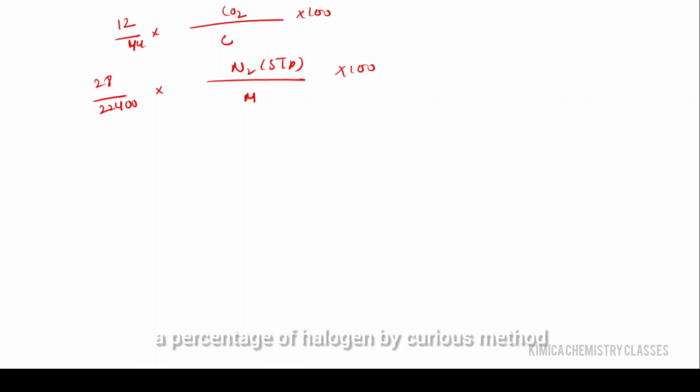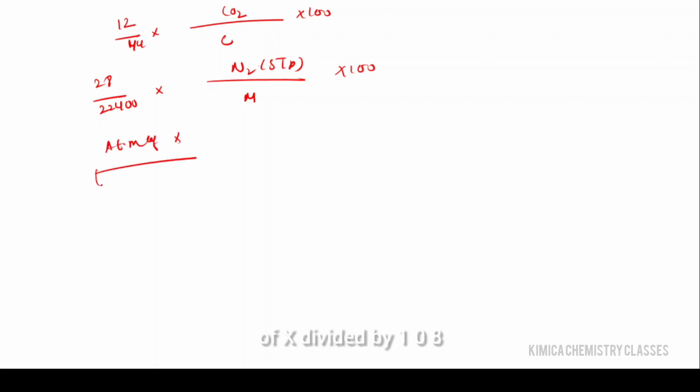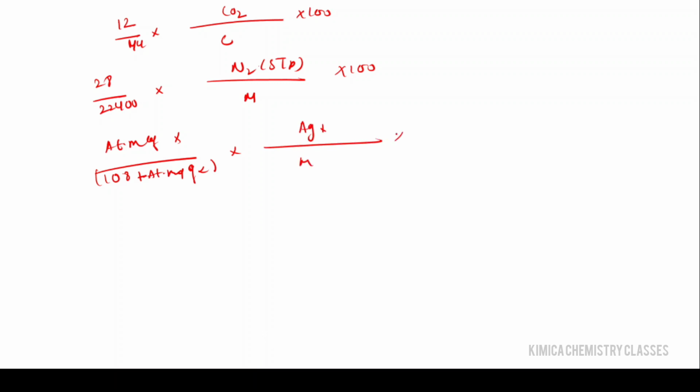For percentage of halogen by Carius method, it is atomic mass of X divided by 108 plus atomic mass of X, into mass of AgX over mass of compound taken, into 100. This is for halogen, and for sulfur we can take 32 by 233, into mass of BaSO4 over mass of compound, into 100.